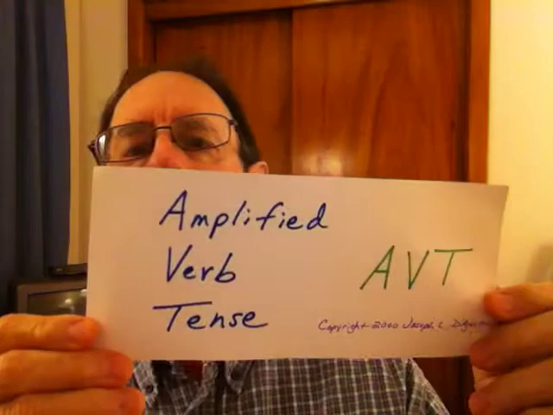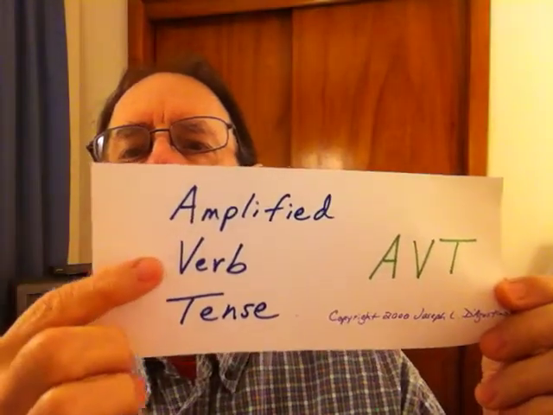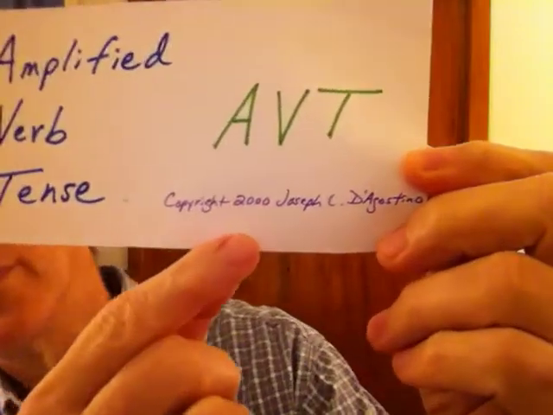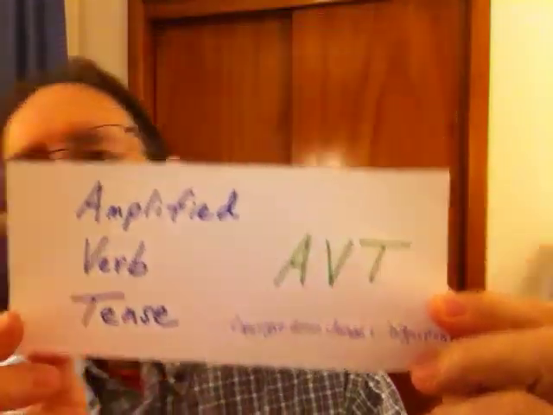I took the concept of tenses and I looked at it for many, many years, well over 20 years, and I came up with my own system. I call it amplified verb tense, and I put a date of 2000 on there, but I've been doing this for a long time.